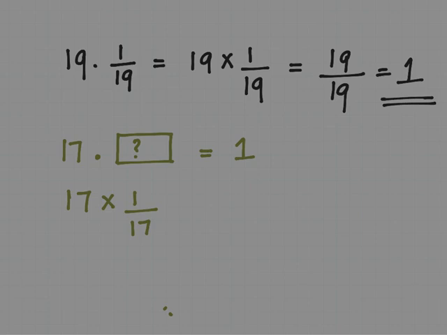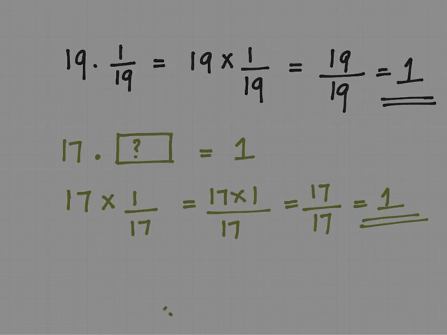So let's multiply the numerators together. 17 times 1 by 17. We know that 17 times 1 is 17. So 17 divided by 17, same number divided by same number will be equal to 1. So what is the answer? The answer is 17 dot 1 by 17.